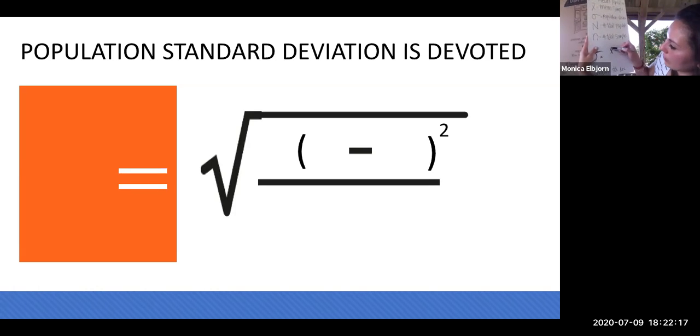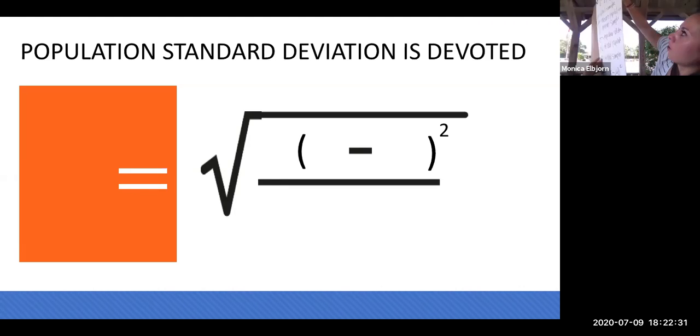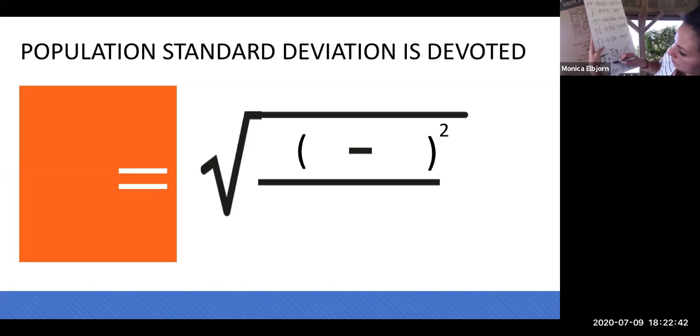We square it, right? Very good, Ori, we square it. And then we add them all up. So we have the sum of all of our data points. And then we take the square root.